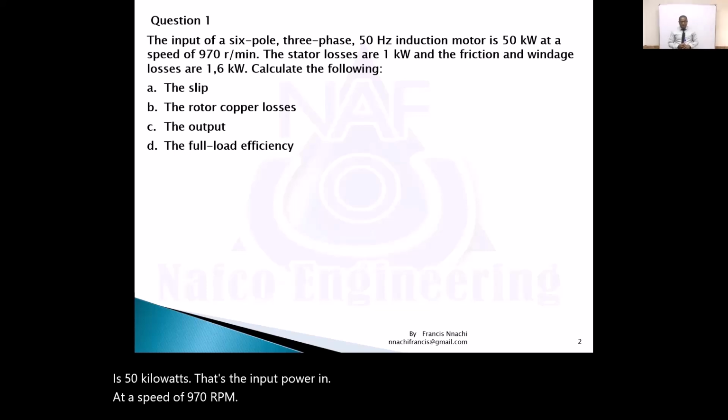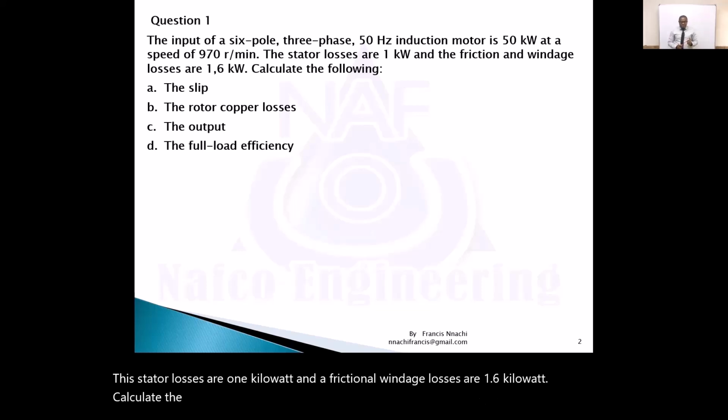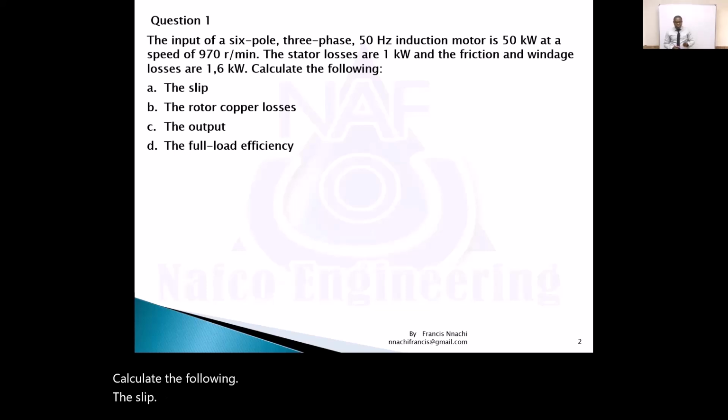The stator losses are 1 kilowatt and the friction and windage losses are 1.6 kilowatt. Calculate the following: the slip, the rotor copper loss, the output, and the full load efficiency.